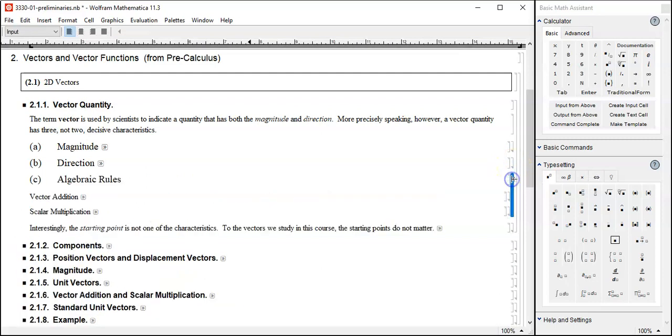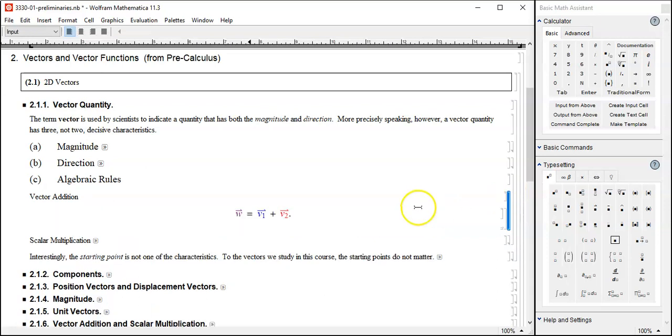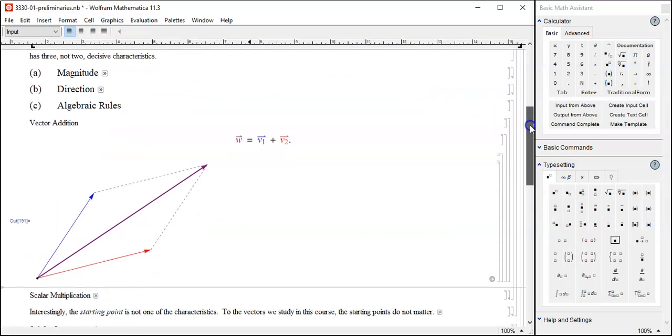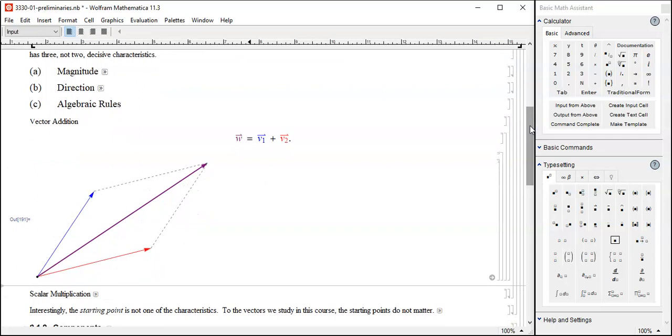And finally, algebraic rules. Well, there are two algebraic operations. One is addition. Blue plus red is purple in this case. And please visualize this one as a large object standing here at the starting point, and a group of people are pulling it in this blue direction and also in the red direction.